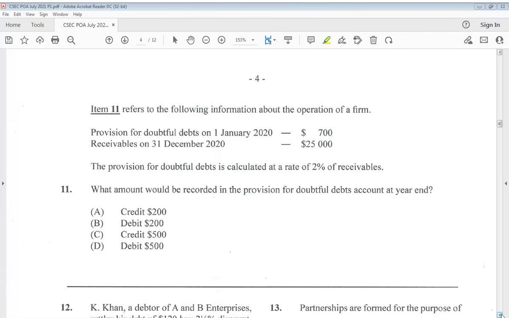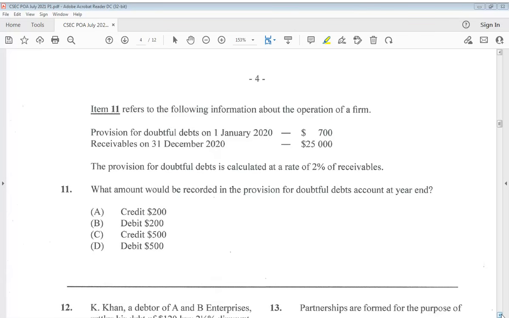Now, this question sometimes poses a problem for students. Notice it says, what would we record in the provision for doubtful debts at the end of the year? Now, as we know, it is actually referring to the figure that we would put in the balance sheet at the end of the year.